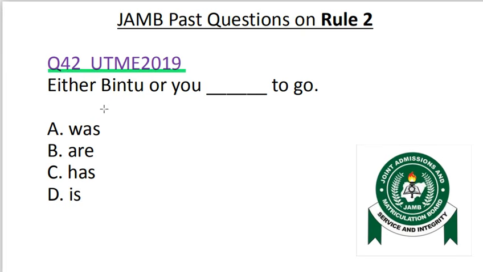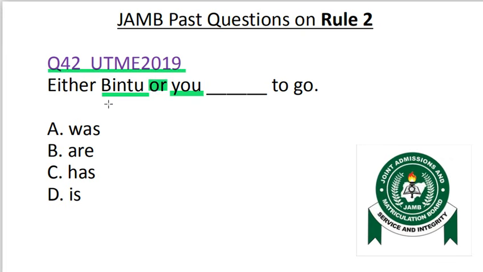Looking at this structure, normally, if you want to make this sentence with only the first subject, it's going to be is to go. And if it is only you, it's going to be you are to go. Now we have both subjects joined together by either or.